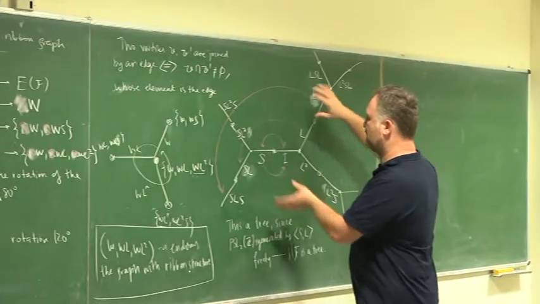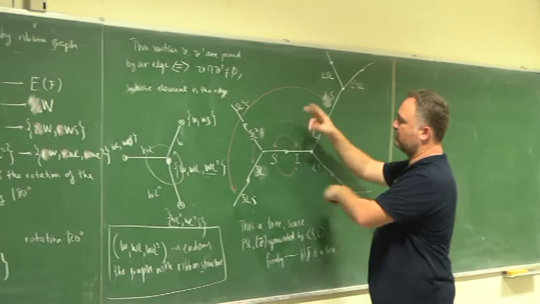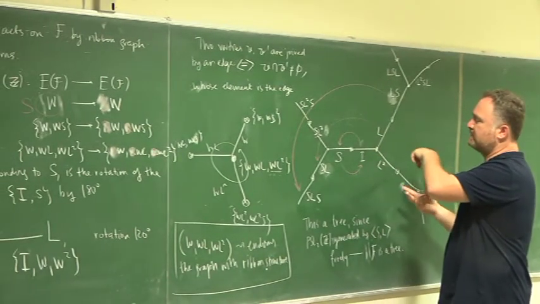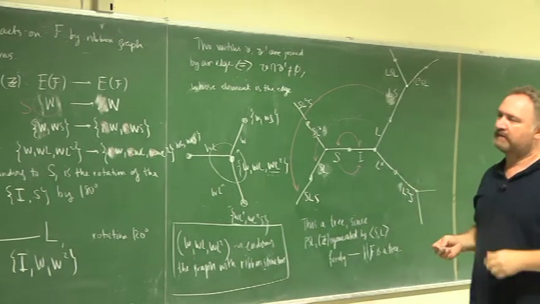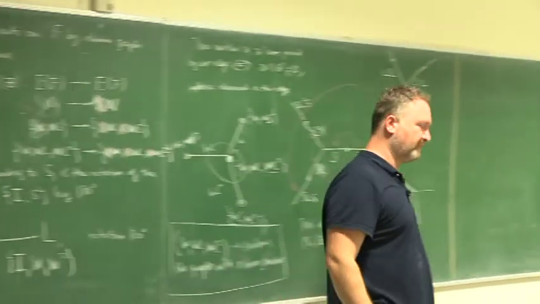So we rotate in this way, and then we rotate around this vertex, and then we rotate around this vertex again, and then we rotate perhaps twice or once around this vertex again, and we get any automorphism. We can obtain any automorphism coming from here.